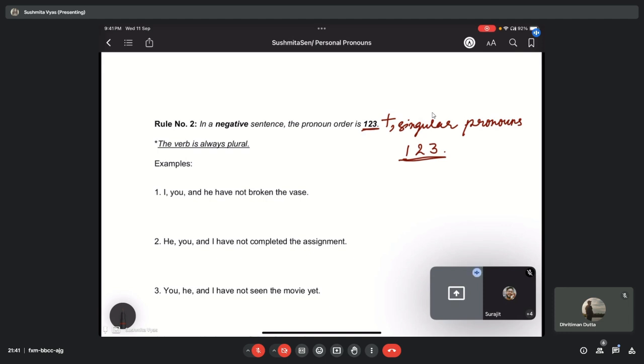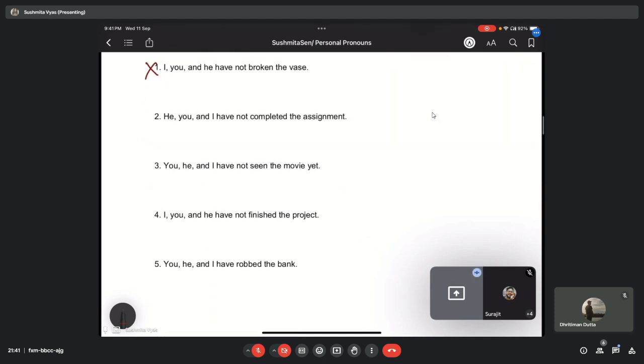So in this sentence, "I, you, and he have not broken." Okay, don't look at the sentence, it is useless. "He, you, and I have not completed the assignment." Is this sentence in the one, two, three order? No. He is third person, you is second person, I is first person.